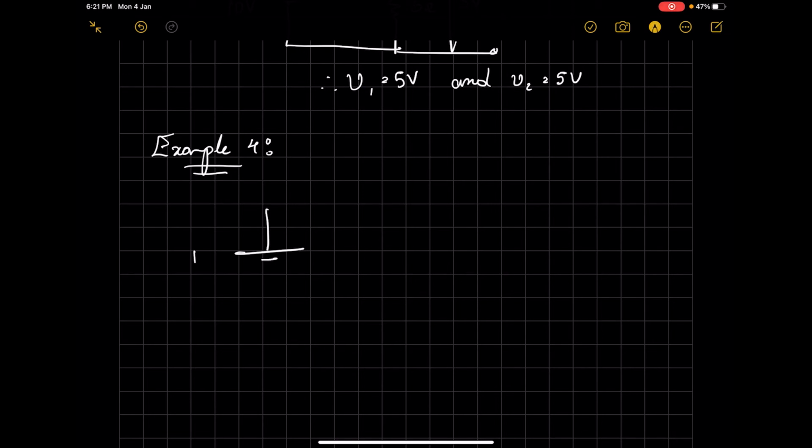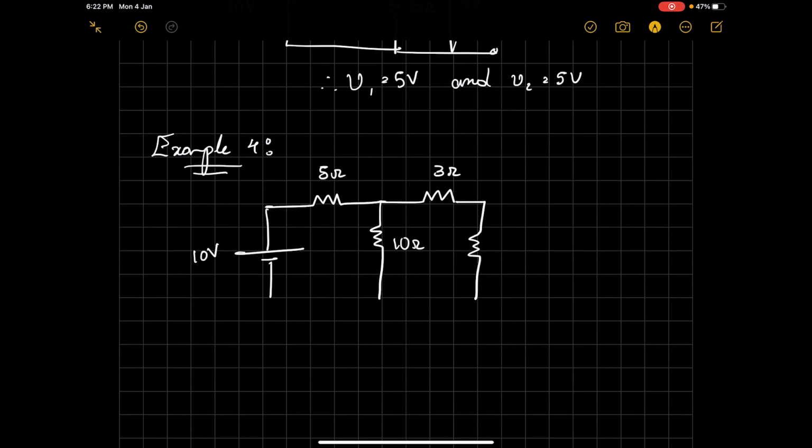There is a 10 volt voltage source, a 5 ohm resistance, a 10 ohm resistance, and you have one more 3 ohm resistance here, followed by a 7 ohm resistance here. So we are asked to find the voltage across all the resistances.